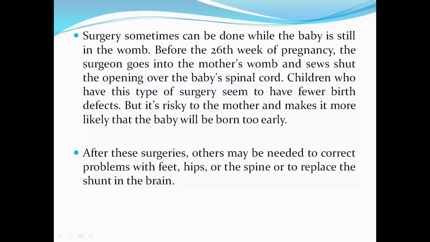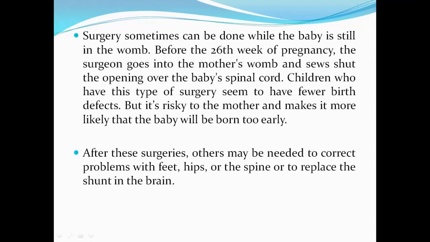Sometimes the surgery will be done while the baby is still in the womb. Before the 26th week of the pregnancy, the surgeon goes into the mother's womb and sews shut the opening over the baby's spinal cord. Children who have this type of surgery seem to have fewer birth defects, but it is risky to the mother and makes it more likely that the baby will be born too early.